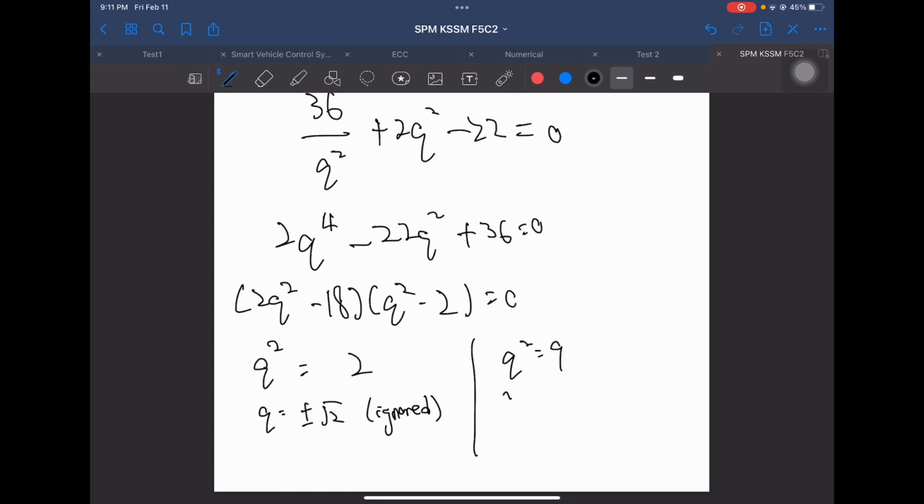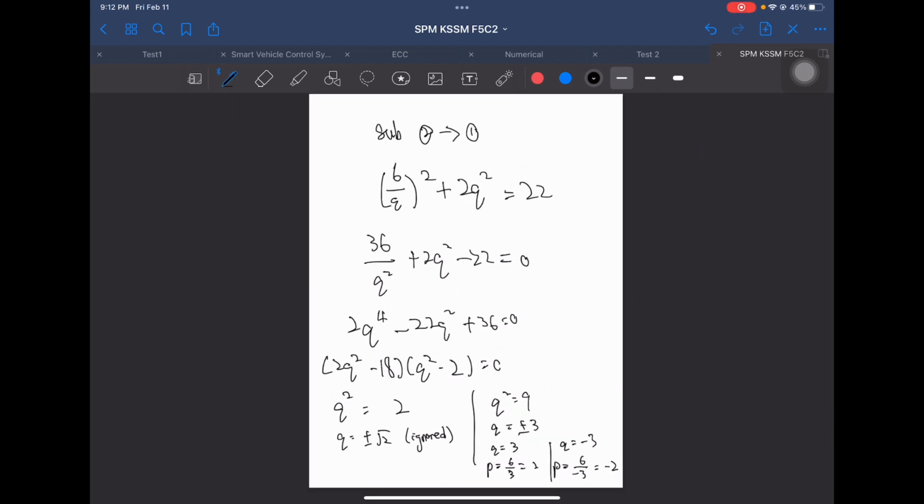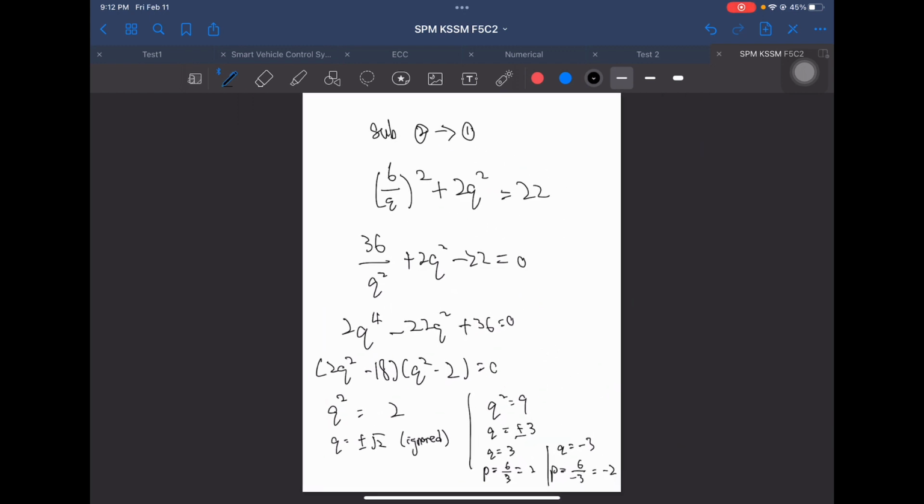So you only use this case, q equals plus minus 3. When q equals 3, p equals 6 over 3 equals 2, and when q equals negative 3, p equals 6 over negative 3, which is negative 2. Okay, this is the third question.